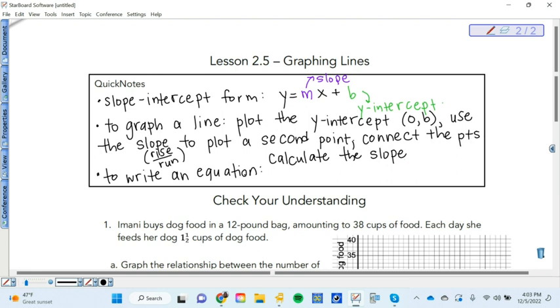Calculate the slope first. And then figure out what the y-intercept is. So find the y-intercept. And then plug it into the equation.